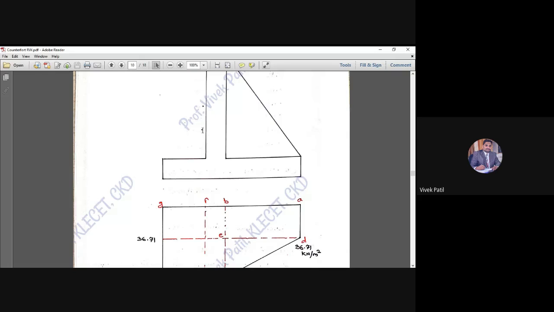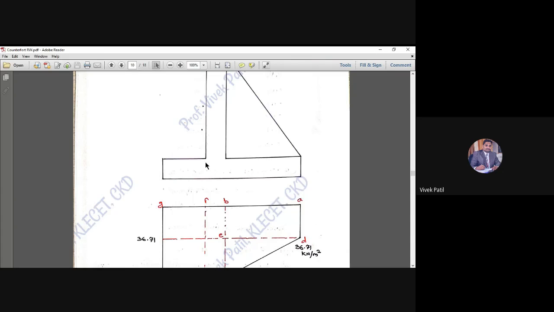Okay, there is soil above this particular portion of the toe, so for that also we have to calculate. The length will be 1 meter. What is the depth of this portion of soil, from ground level to the top of the toe? 0.985. So 0.985 into 1 into the density of soil.